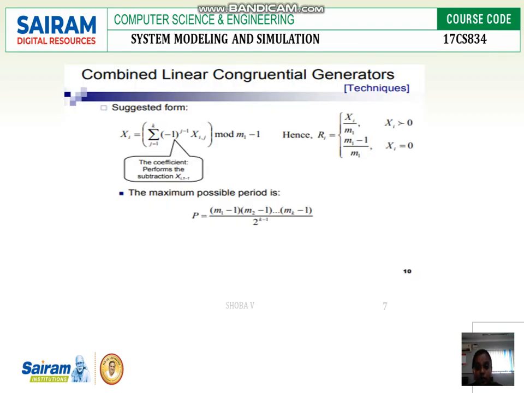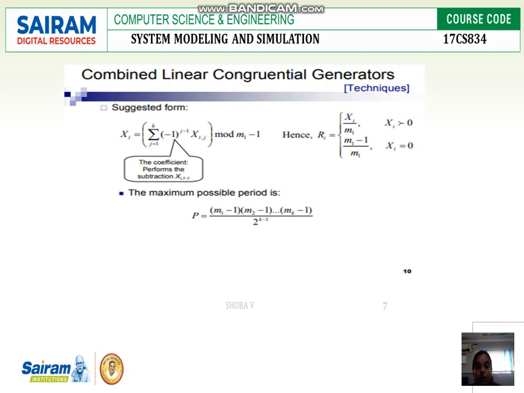So this is the combined linear congruential generator. We have the formula, and the maximum possible period is (m1 minus 1)(m2 minus 1) up to (mk minus 1) divided by 2 to the power k minus 1. When X is greater than 0, we go for the recursive call Xi divided by m1, and when X equals 0, we go for (m1 minus 1) divided by m1.